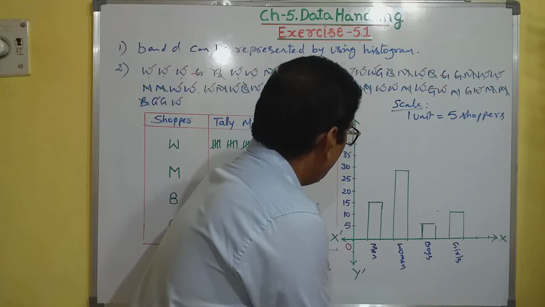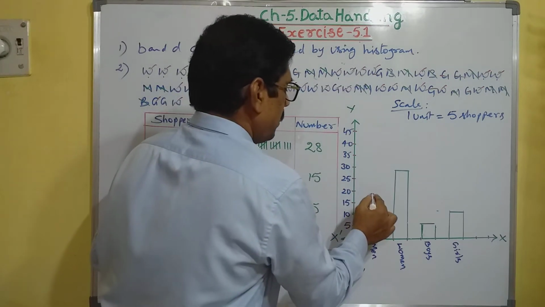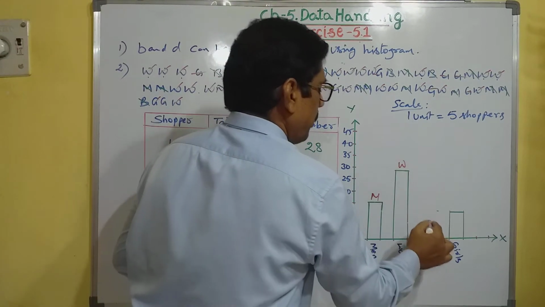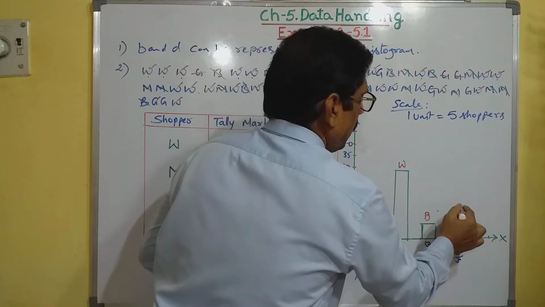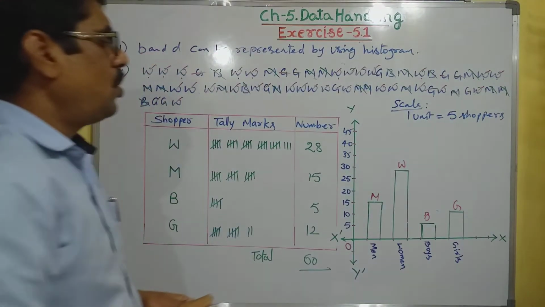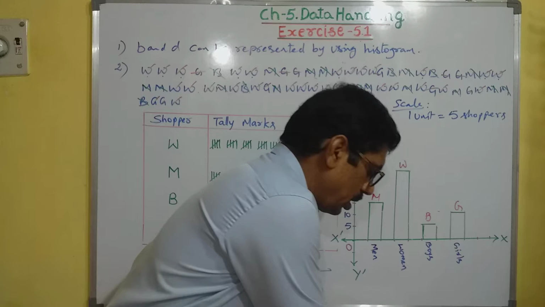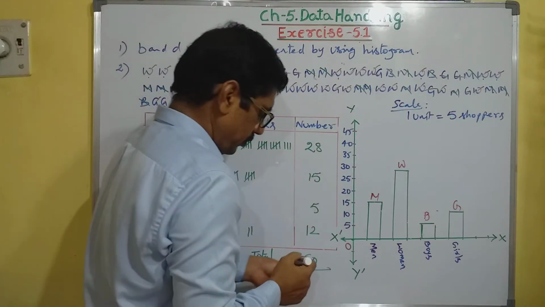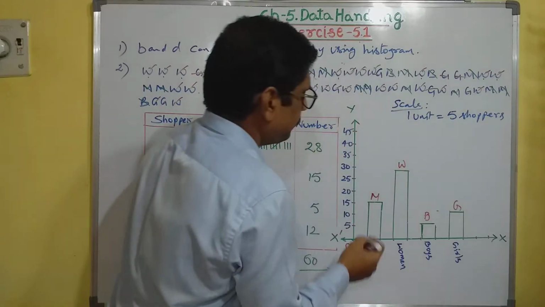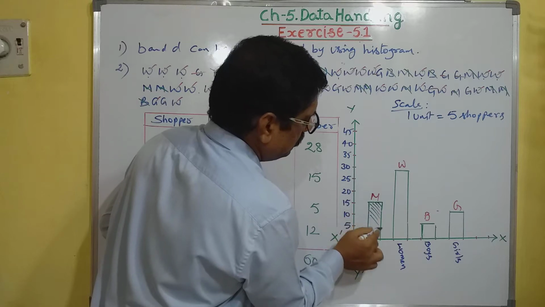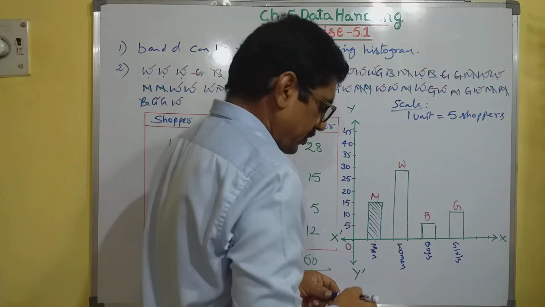Now here, men, women, boys and girls. And also you can shade the bars with different colors. This represents the men number.